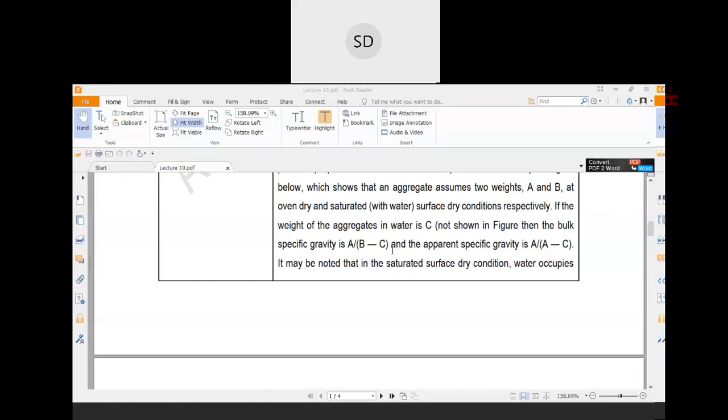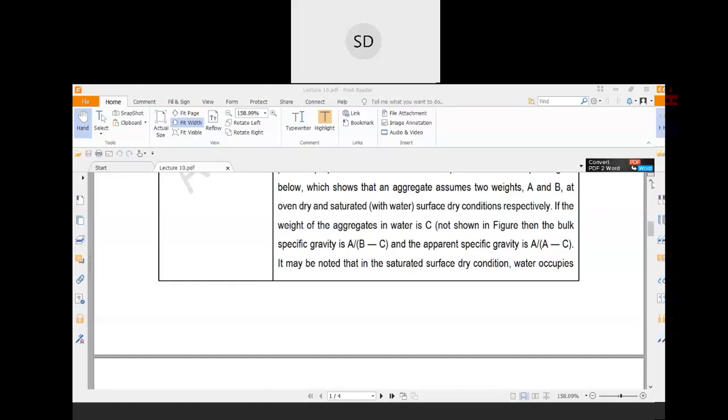Now the thing is, which should be higher? So basically, whatever value you are getting, the value of the apparent specific gravity will be slightly higher than the bulk specific gravity.